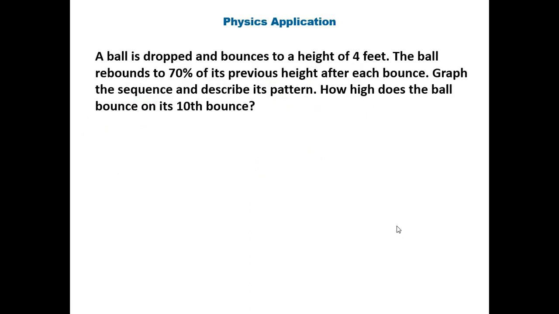All right, let's look at a real world application. A ball is dropped and bounces to a height of 4 feet. The ball rebounds to 70% of its previous height after each bounce. Graph the sequence and describe its pattern. How high does the ball bounce on its 10th bounce? So if it bounces 4 feet on the first one, then it's going to bounce 70% of that, then 70% of that, and 70% of that, all the way down until it's negligible.